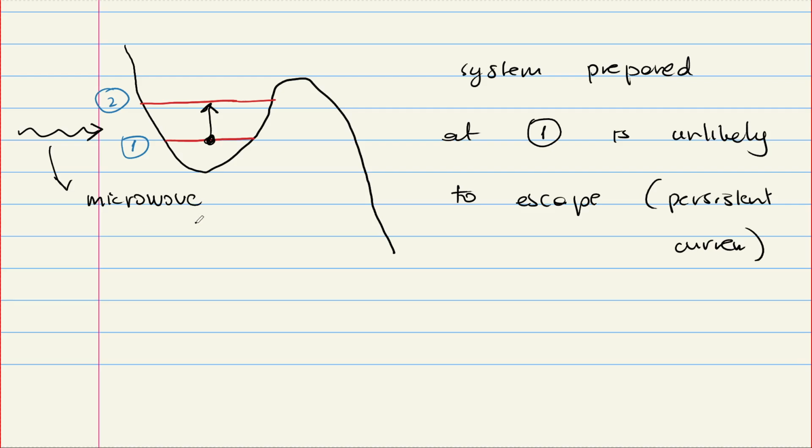You shine the light and you go to the next higher level, but you can see this level doesn't have as big a potential barrier as this one, and the tunneling for this higher state is going to be enhanced. So this is enhanced tunneling, but this tunneling is not single particle tunneling. This is a tunneling of a macroscopic matter wave.